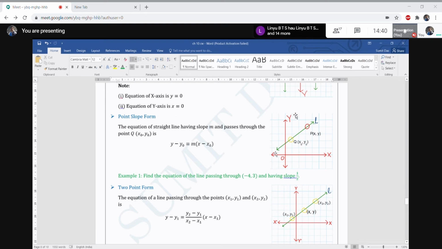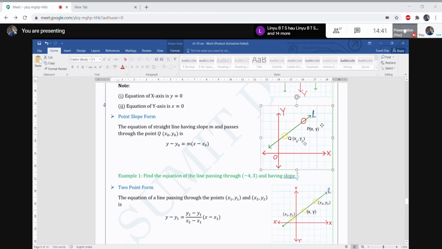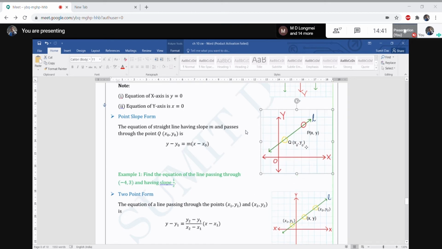Suppose you can see there is a line here in the diagram. Line L is passing through 2 points, one is P, another is Q. P is x comma y, and Q is x naught y naught.